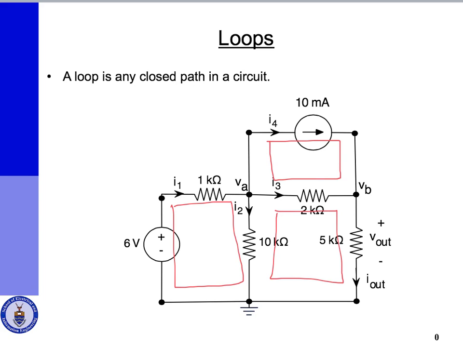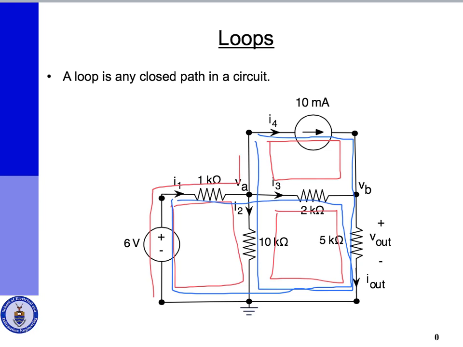So far we have 3 loops, but this is also a loop, and this is also a loop. So now we have 5 loops in this circuit, and then last but not least, this is also a loop. So we have 6 loops in this circuit.